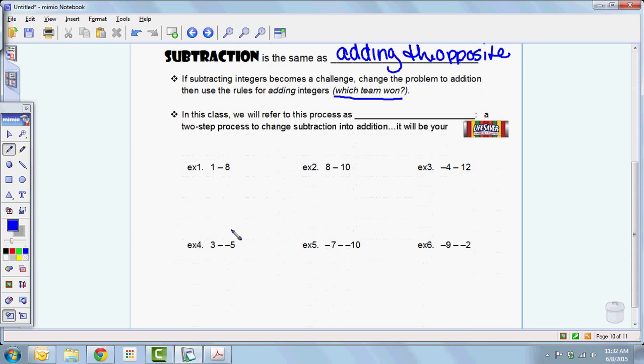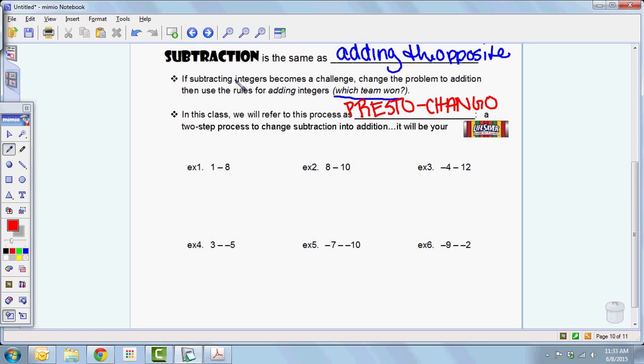Okay? In order to do that, we're going to use a process called Presto Changeo. Can't even spell. Presto Changeo is a two-step process to change subtraction into addition.